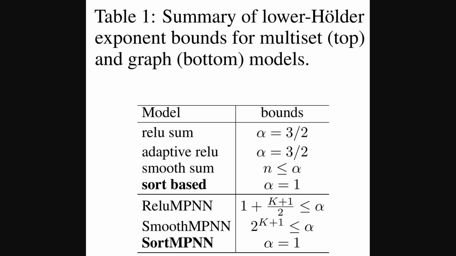Then, for message-passing neural networks, or MPNNs, AIs learning from connections in graph data, the sort MPNN model also hits alpha of 1. In contrast, smooth MPNN and ReLU MPNN models have exponents that can worsen with network depth, k, indicating poorer separation. So, these bounds clearly show architecture choice is key for good separation.